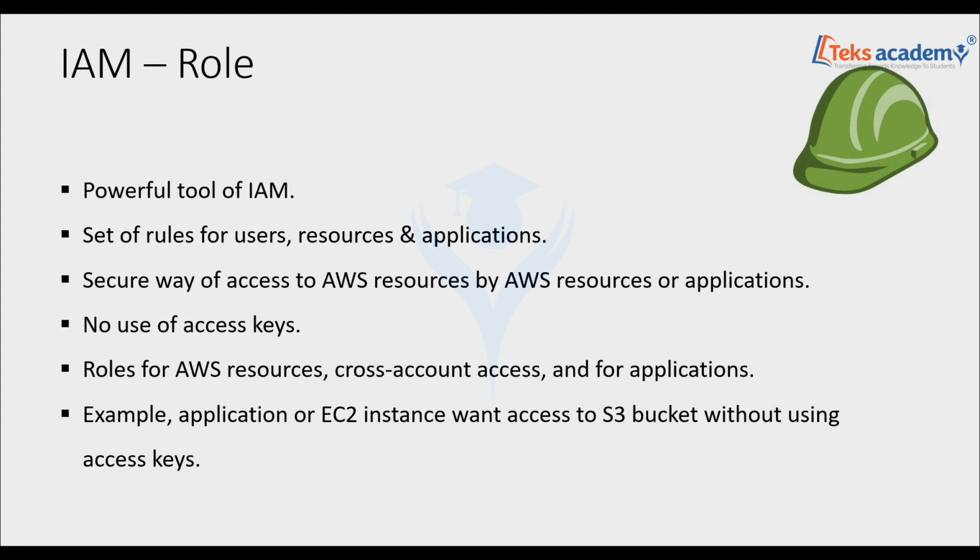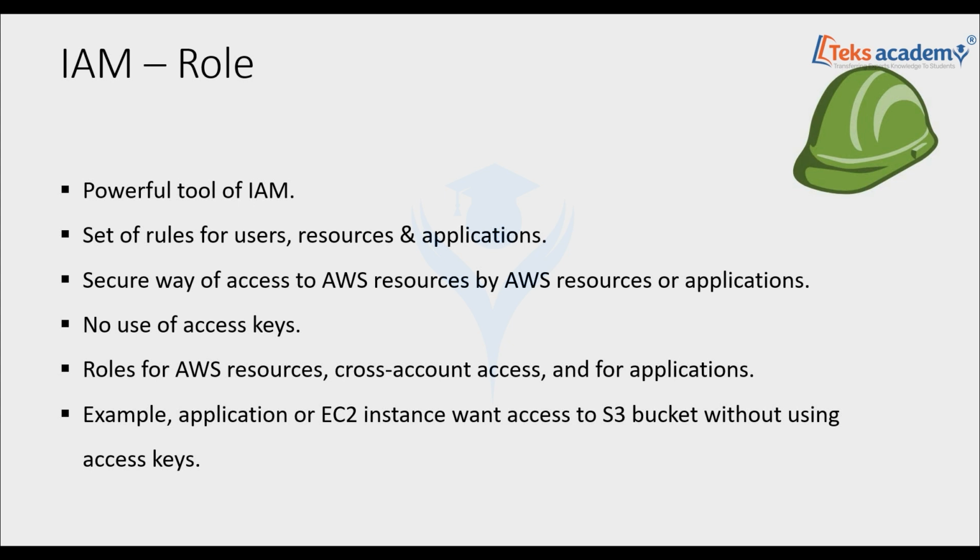Moving on, next we have the IAM role. The IAM role is a set of rules for users or resources and applications actually. Now this helps the AWS resources to get access to other AWS resources. Okay, so the AWS resources or applications can programmatically get access to the resources.